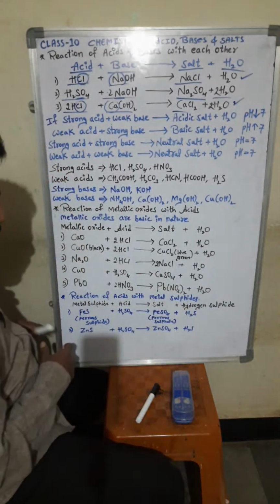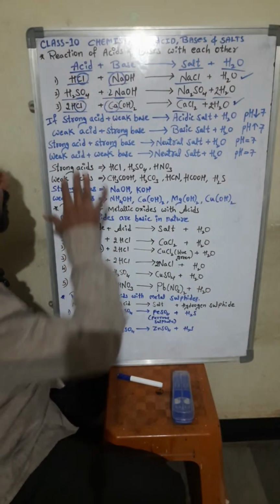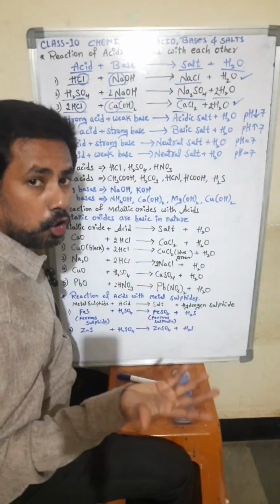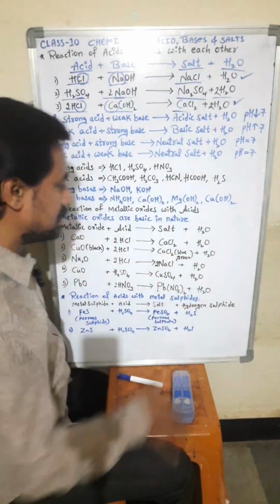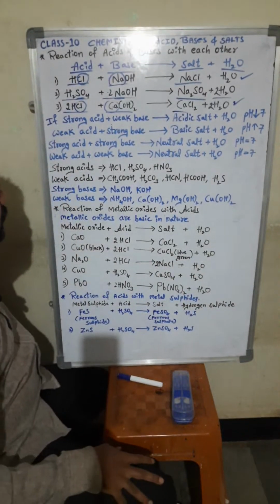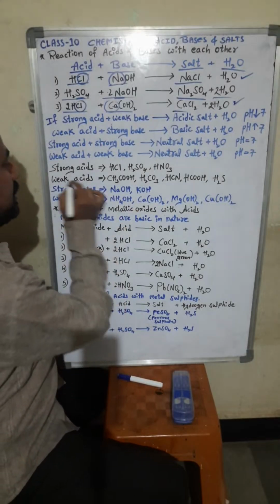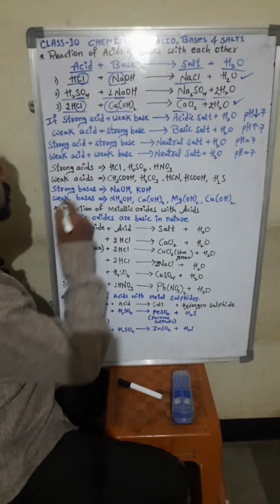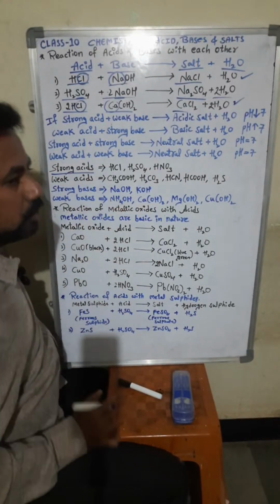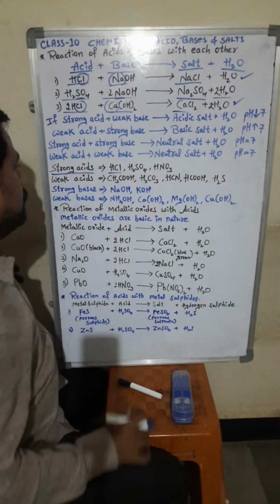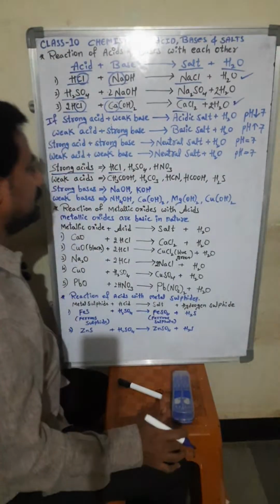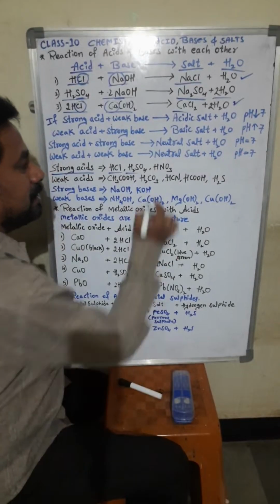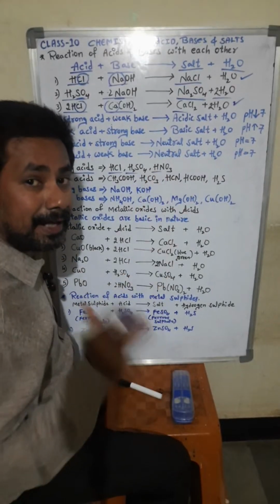Fine. Now, when we add a strong acid and a weak base, what are strong acids? What are weak bases? Let us see here. See, first we are going to see this one, then it will become very easy for you. Okay, some strong acids I have written on the board. HCl, hydrochloric acid, H2SO4, sulfuric acid, HNO3, nitric acid.